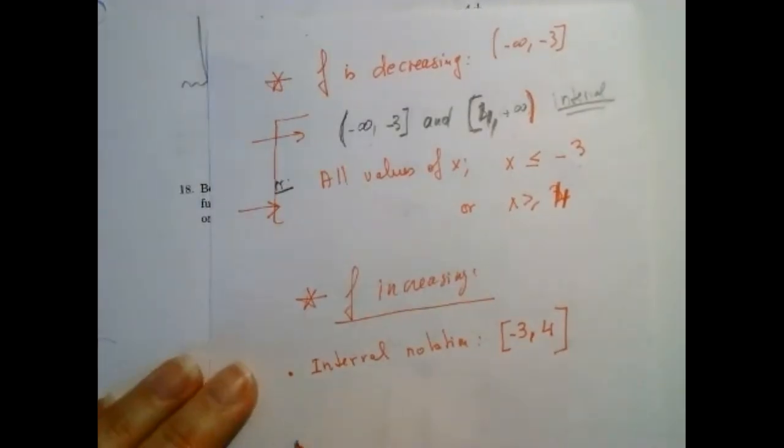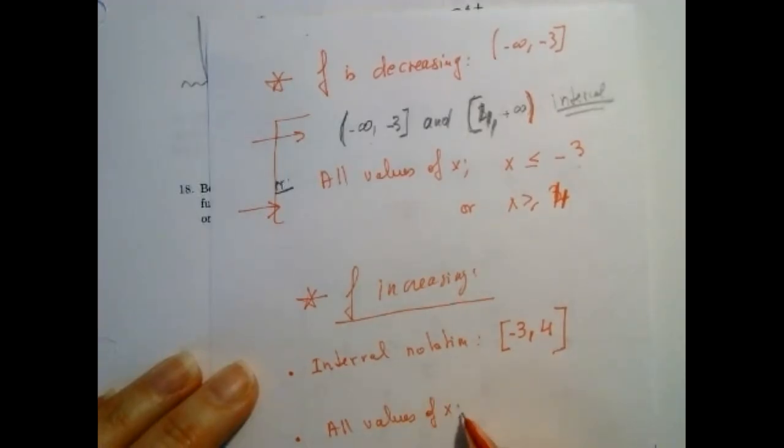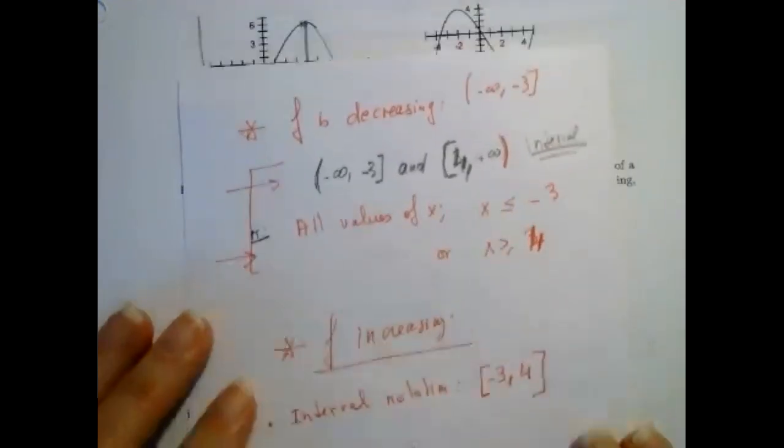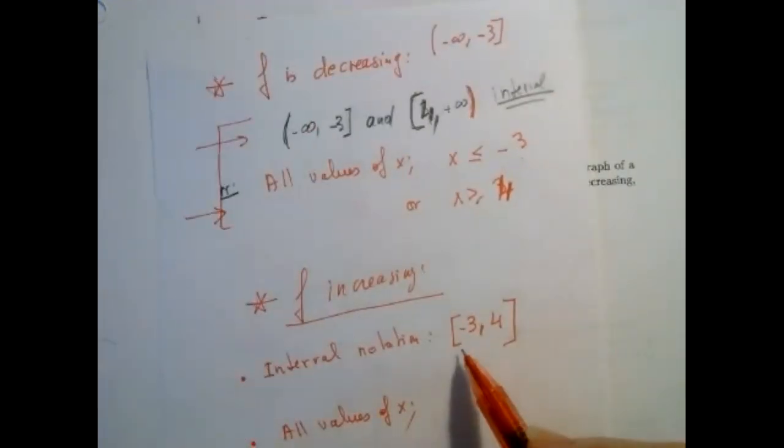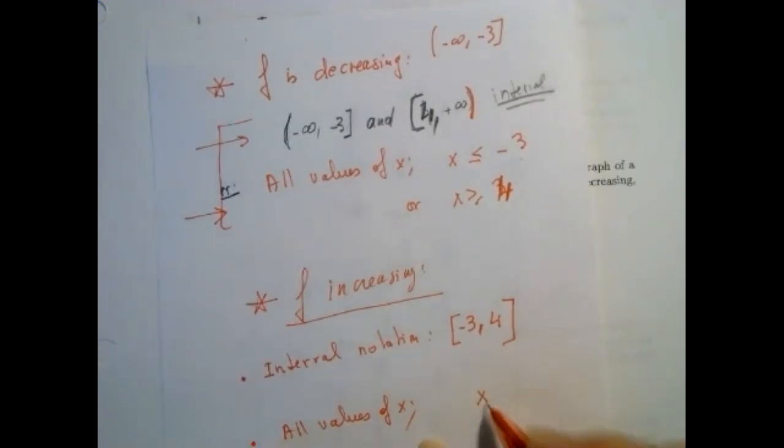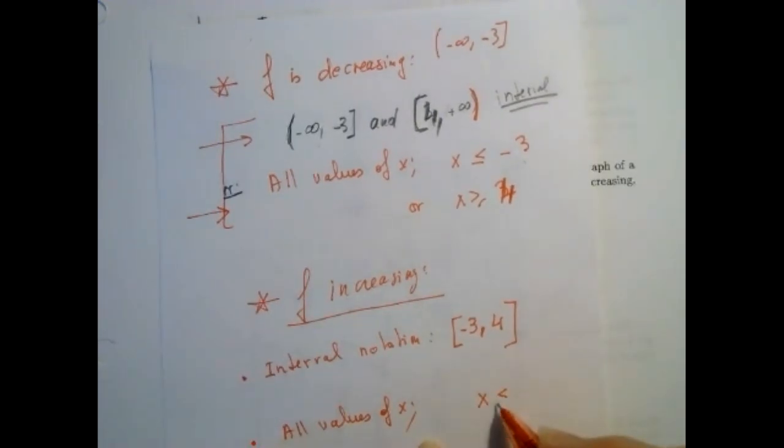In words. All x such that what? How can I describe in words the x in this interval? It means where should be the x? Greater than or less than.